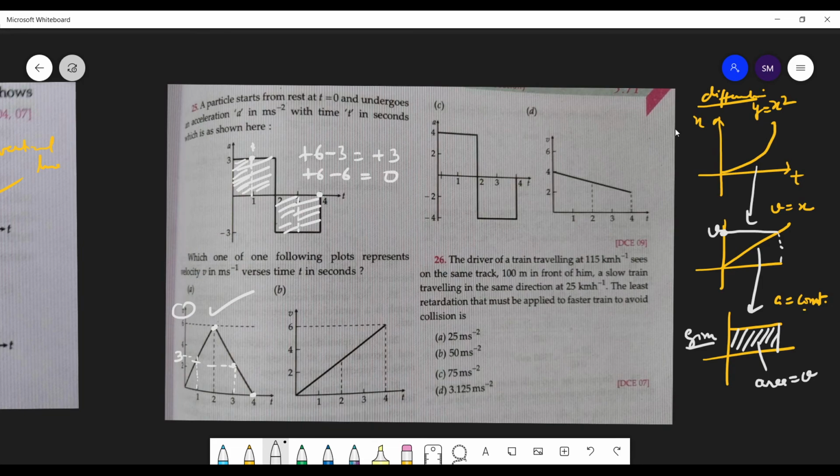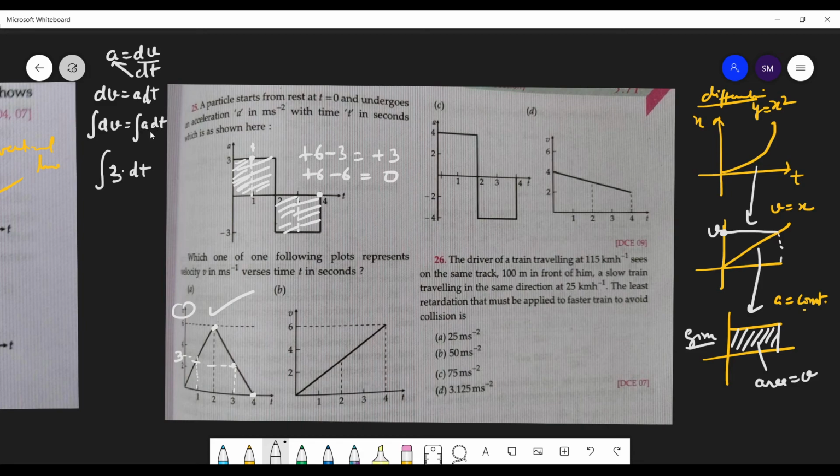So now you have understood differentiating, and here we are integrating, right? If you are integrating a constant, like here it was 3, so 3 into dt. a is equal to dv by dt, and dv is equal to a into dt. Integrating both sides, a is constant.